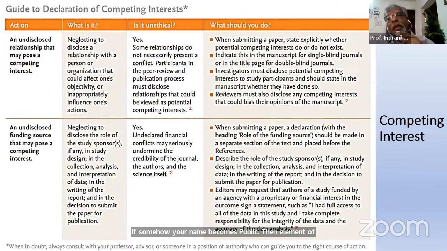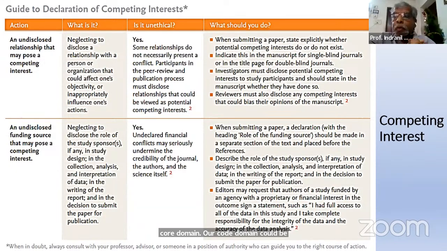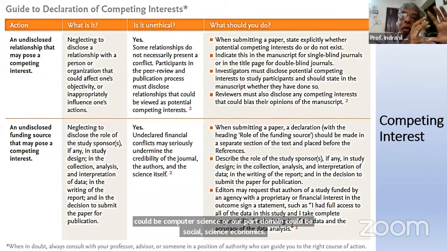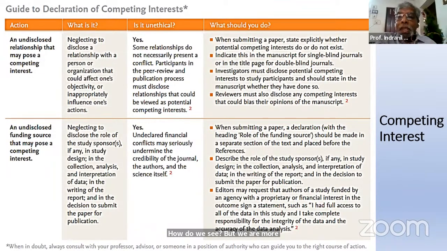So now that we have covered a long distance, what are we seeing? We are moving away from our core domain. Our core domain could be finance, computer science, social science, economics, pharmacy. But we are now looking at these aspects, and you can see for yourself that these are not empty things.